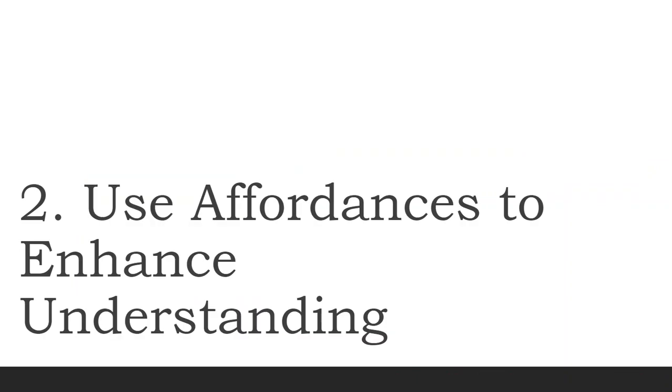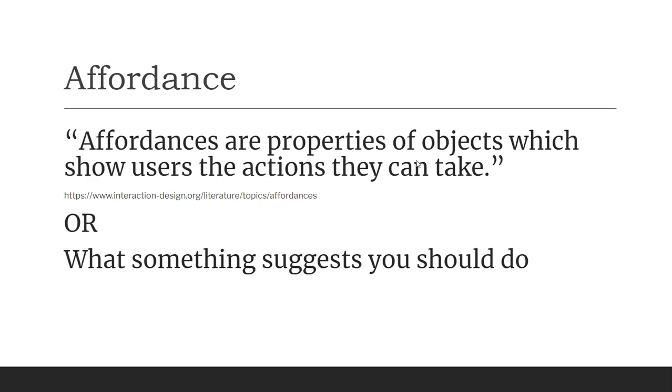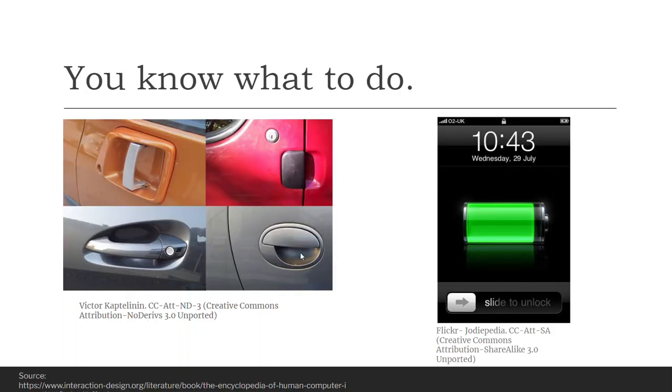All right, now we're going to talk about using affordances to enhance understanding of what users are supposed to do. Affordances are properties of an object which show users the actions they can take. Or you can think of it as what something suggests you should do. For example, when you see a car door, it's generally easy to know what you're supposed to do.